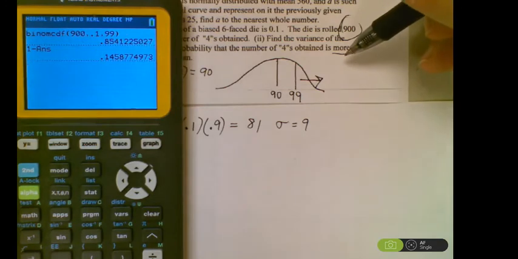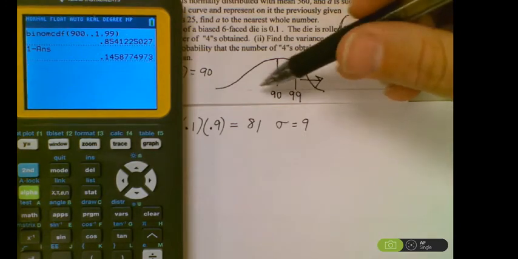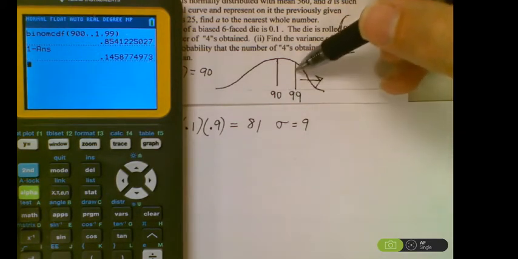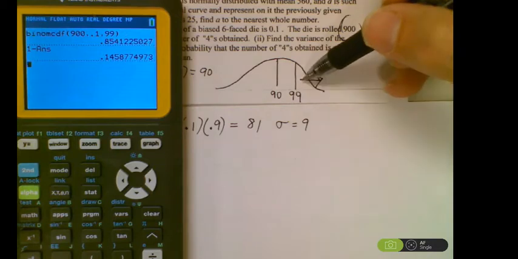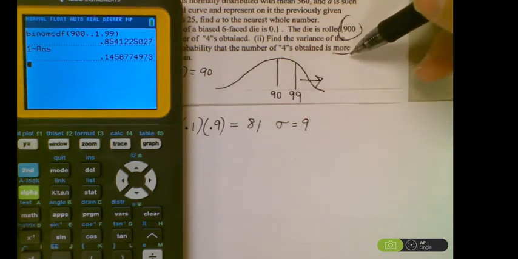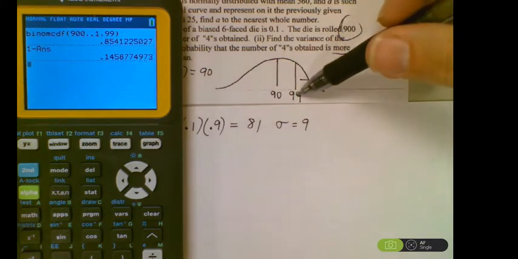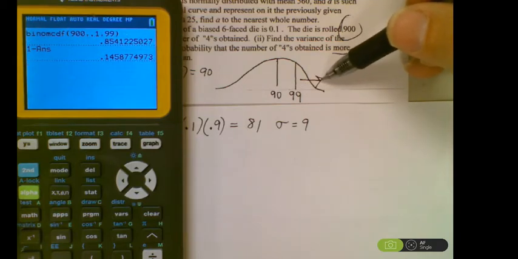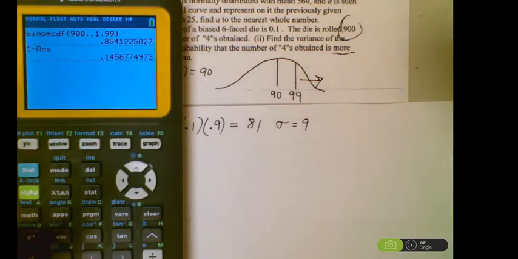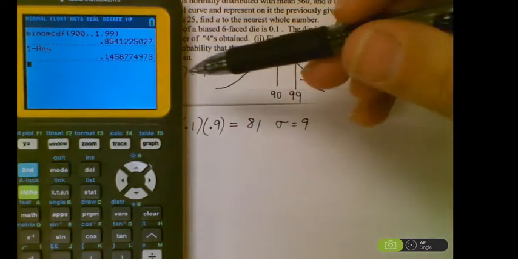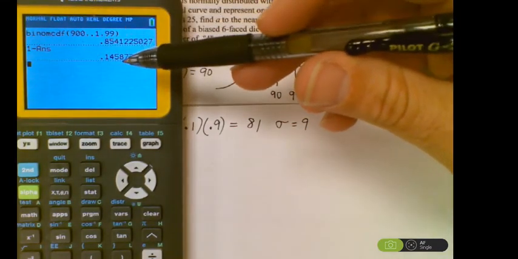It says more than 1 standard deviation above the mean, so it's got to be more than 99. That's why I did everything up to 99 in the cumulative part and then subtracted that from 1. If it said at least 99, then 99 would have been included in my answer, but that's not the way it was worded. So the way you're seeing it here is the right way of doing it, and that should be the correct answer.